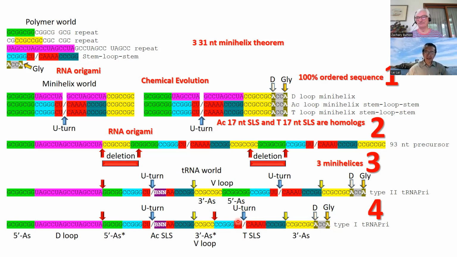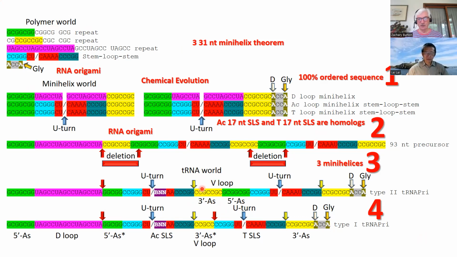When can life be generated in a test tube? So that's a good question. If you want to generate life in a test tube, you have to go through multiple steps that Earth went through in chemical evolution. I think it takes a lot of effort, and it's hard, in a laboratory, to regenerate polymer world or mini helix world, and then take mini helix world and convert it to tRNA world would be difficult.